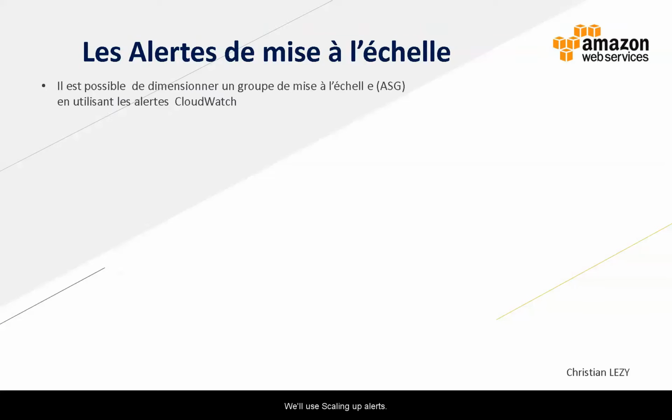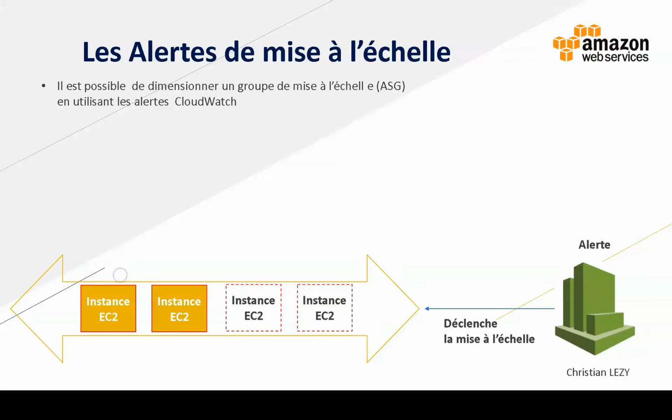We'll use scaling group alerts. They are used in CloudWatch and allow us to size a scaling group using alerts. To put it in perspective, we have our ASG here with its instances. We have an alert that will trigger the creation of 2 new instances according to the parameters we have defined.